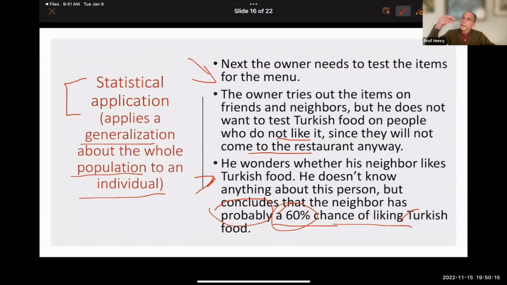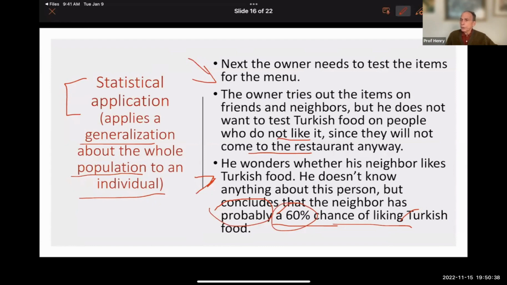But let's take the two extremes. 20% of the people in the population speak Turkish. You meet somebody and say to yourself, oh, this guy probably speaks Turkish. Well, your conditional probability is wrong, because only 20% speak Turkish.